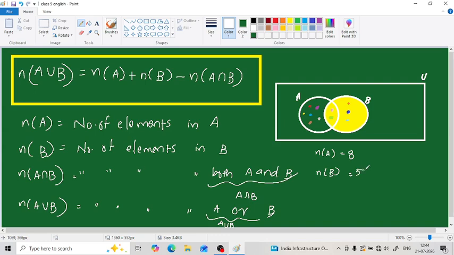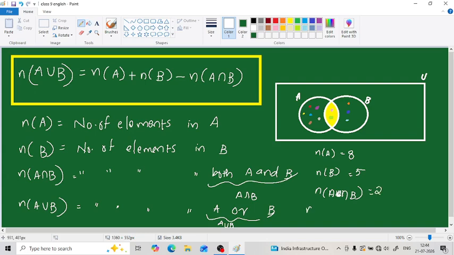Okay, so 5 elements are present in N of B. Now we have to find N of A intersection B. How many elements are present in both A and B? That is this petal shape region in the middle, isn't it? It contains 2 elements, so our N of A intersection B is 2.